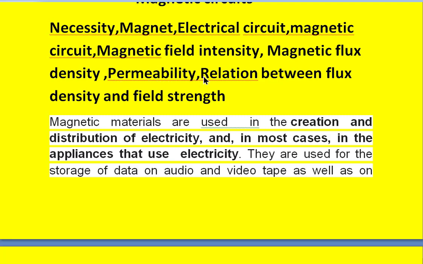And the permeability indicates the capacity to penetrate the flux in the iron core or magnetic material in the magnetic circuits.